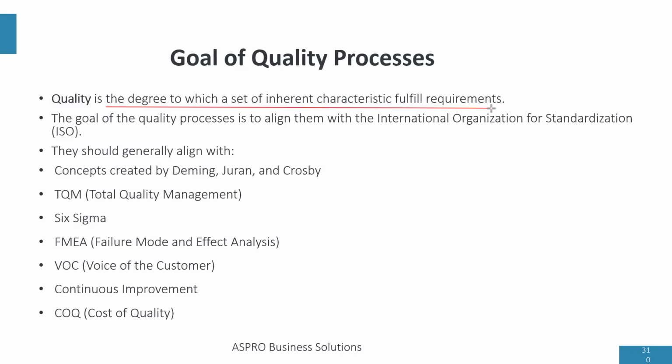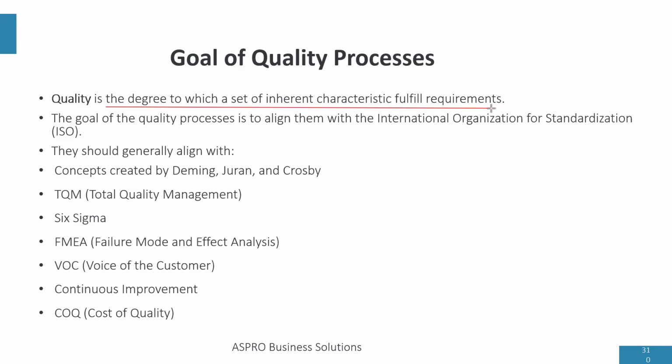Now, let me give an example of this so that we can get more understanding. Quality is the degree to which a set of inherent characteristics meets requirements. Now, let's look at this class.